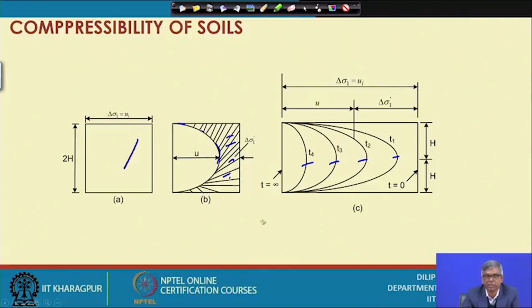At t equal to infinity, when full pressure is dissipated, u becomes 0. At the initial time t equal to 0, delta sigma equals u I, that means whatever stress you have applied will be equal to u I, and slowly u will reduce until at infinite time, a sufficiently long time, u becomes 0. When u becomes 0, it is full consolidation.